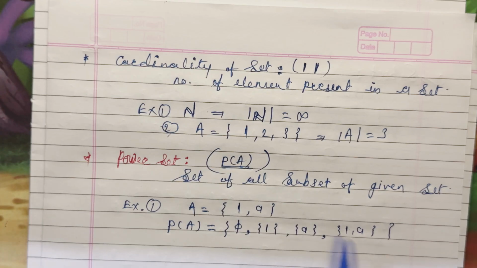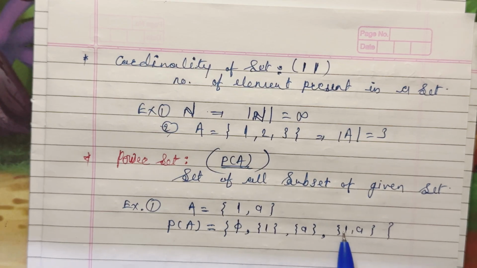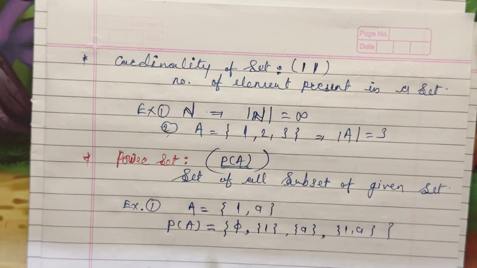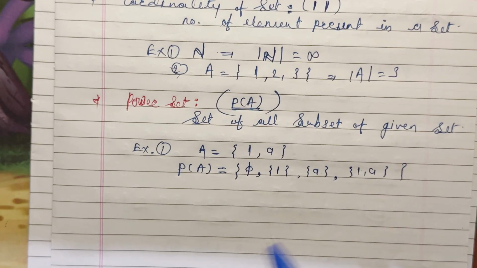The singleton {1} is a subset of this set, the singleton {a} is a subset of set A, and {1, a} is a subset of set A. Every set is a subset of itself. Here you can see the set of all subsets is the power set of a given set. So this one is for two elements.